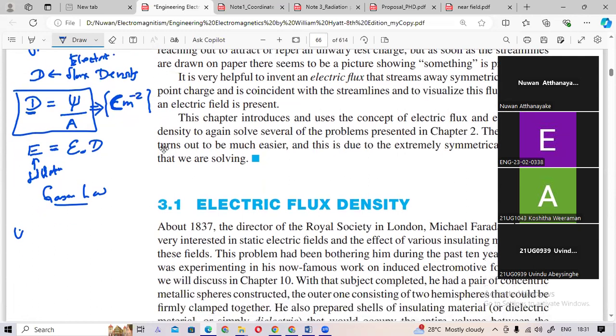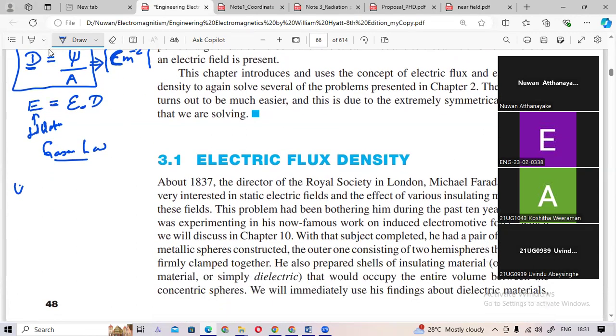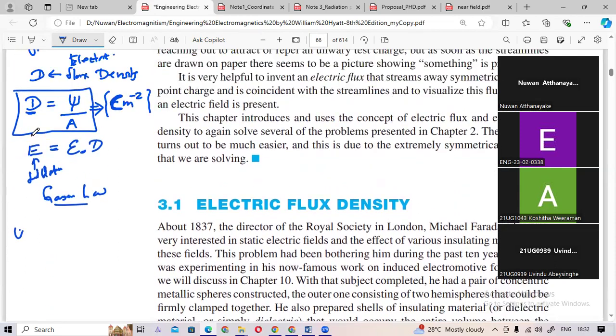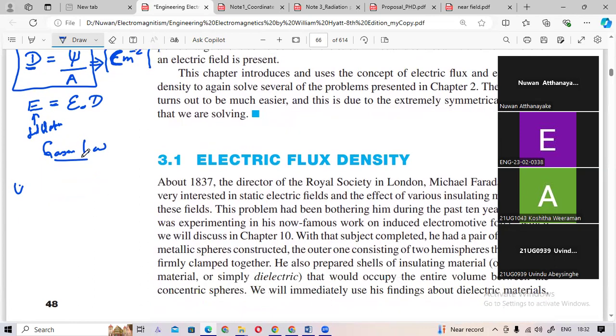So I think Gauss's law is related with this definition. So is the flux density. If the flux density is multiplied by area, again we can calculate the flux.